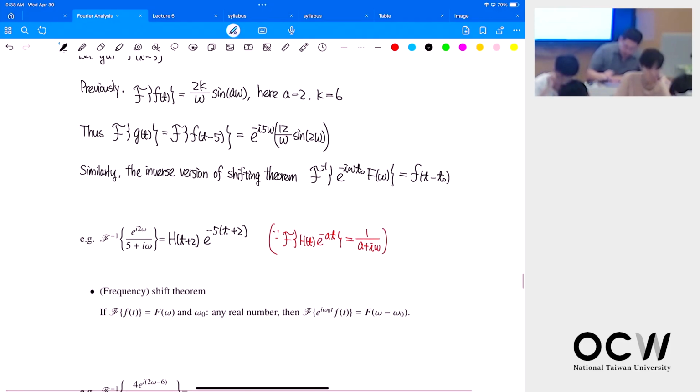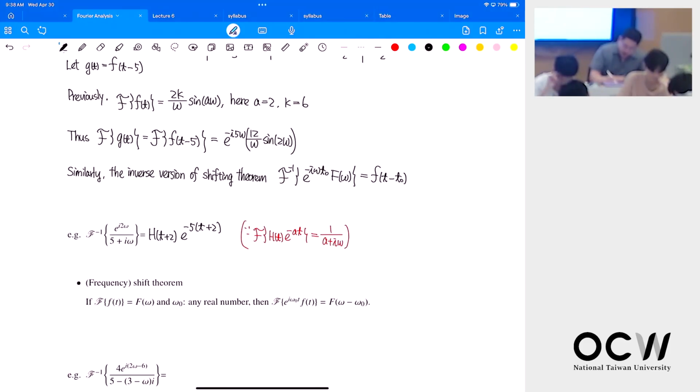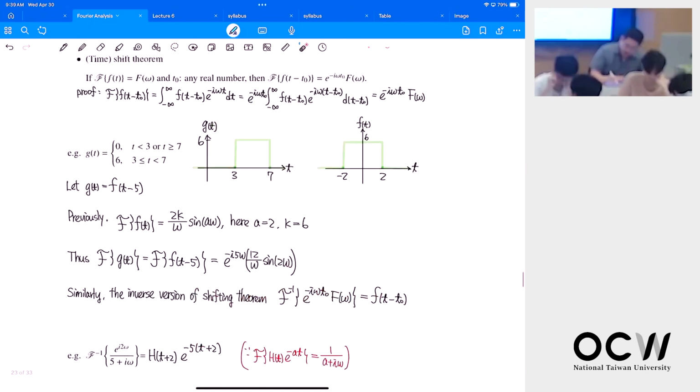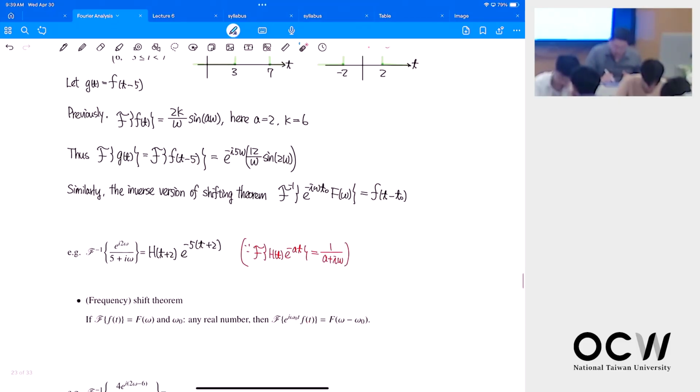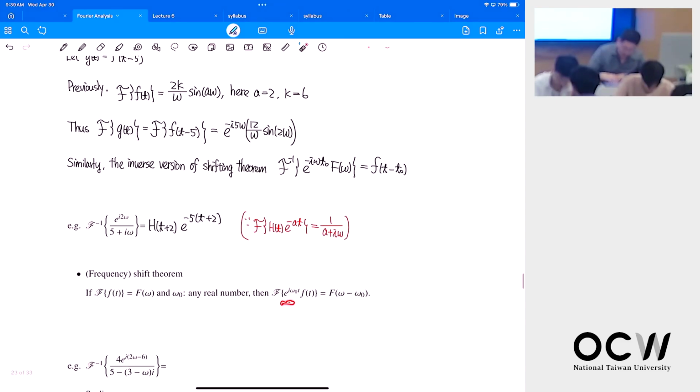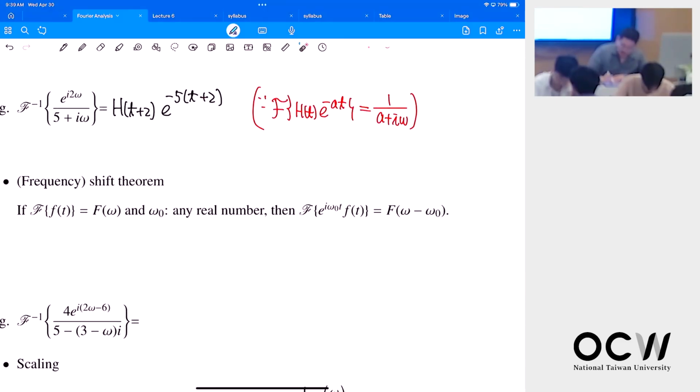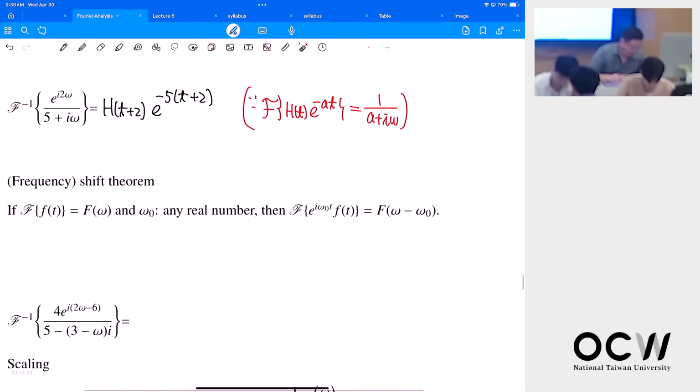The next one is called the frequency shift theorem. We learned that if I shift in time domain, then in frequency domain I just have a phase difference. Now if I shift in frequency domain, what happens in time domain? Similarly, in time domain I have the same magnitude, but times the complex exponential. Later on we will call this modulation.